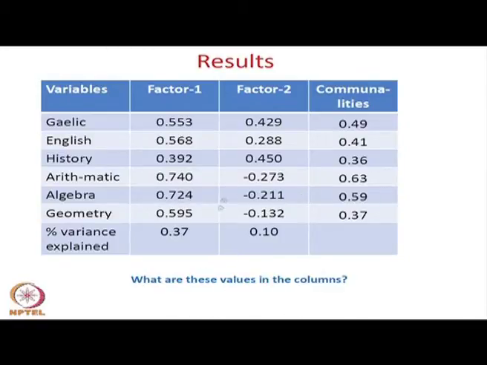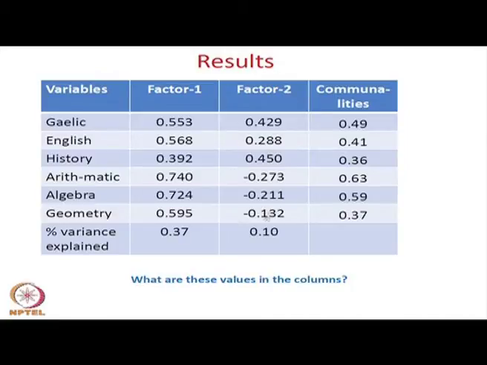And if you sum up the squares of these values across the rows for a particular column, you will get the eigenvalue, not the lambda value, we are talking about the q value here.